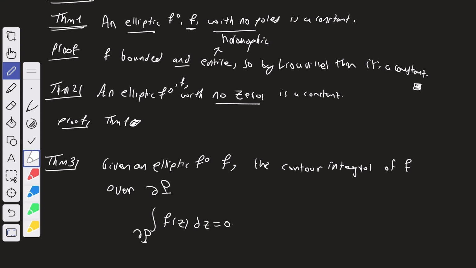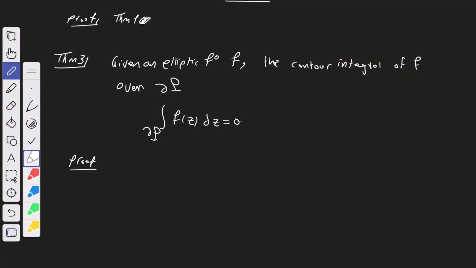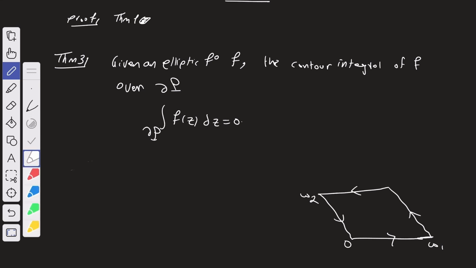And this is also an easy theorem, and here's a quick proof. The function is doubly periodic, so it's totally determined by its values in the period parallelogram. So this is 0, omega 1, omega 2. Now, just so that the statement of the theorem makes sense, let me mention that the integral is indeed well defined.